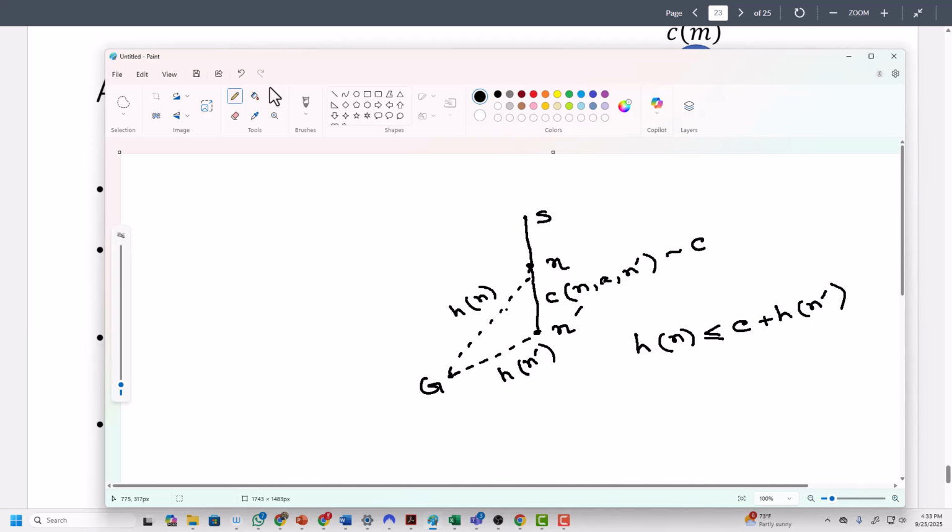Basically this arm of a triangle is less than the addition of the other two. It basically says straight line distance is consistent, because a direct path is less than or equal to an indirect path. Every consistent heuristic is admissible, but not every admissible one is consistent. This is important.